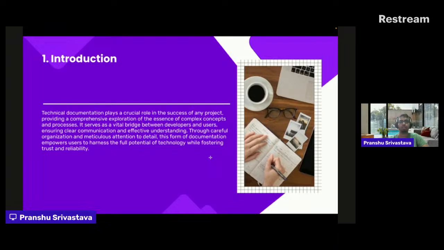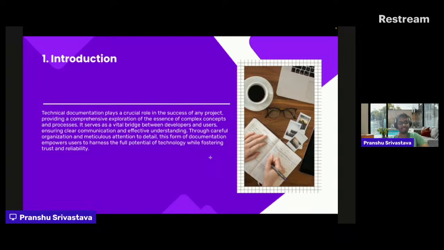In user documentation, the part about contributing to the project and the technicalities of the project are abstracted from the user because they don't need to know how the project is functioning or how everything is coming together. But in technical documentation, everything needs to be specified: how things are working, what tech stacks are being used, and how everything is coming together to function as a single unit. So that is exactly what technical documentation is.